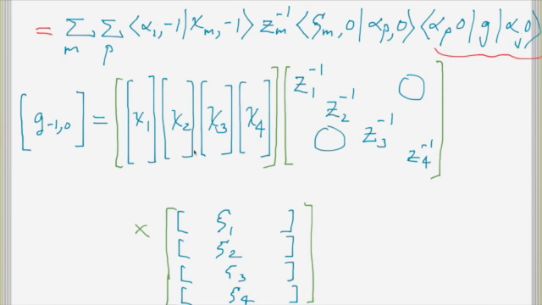Times your original G00. So that's the transformation that relates G(-1, 0) to G00.